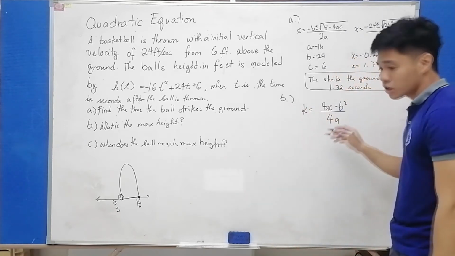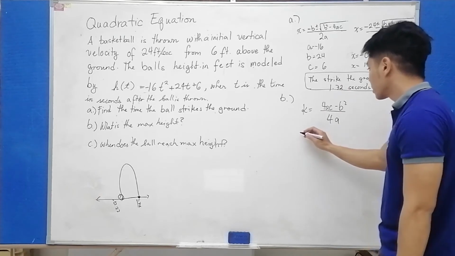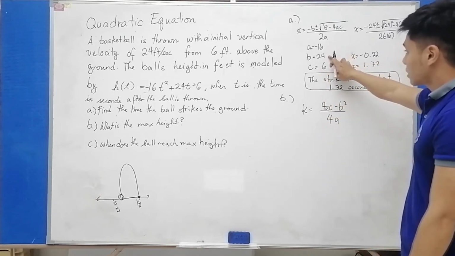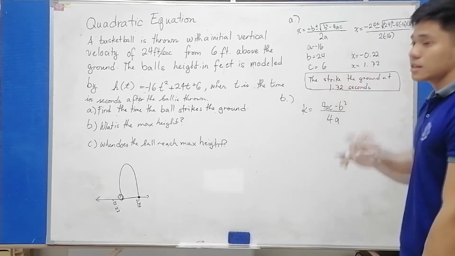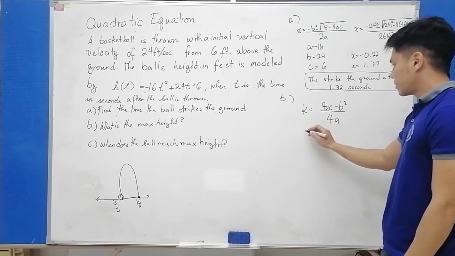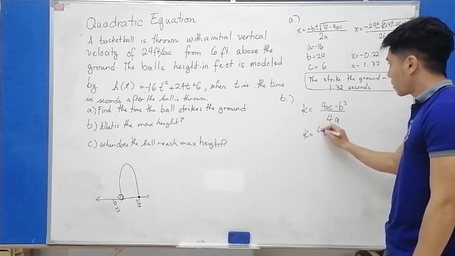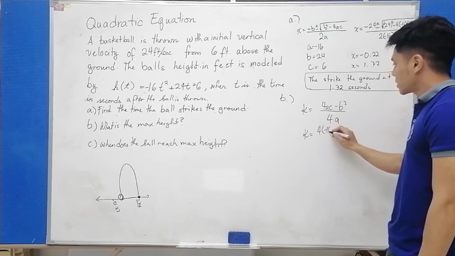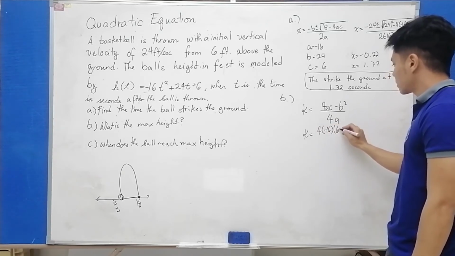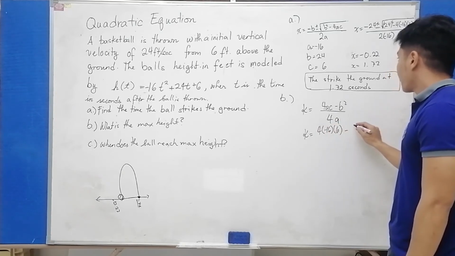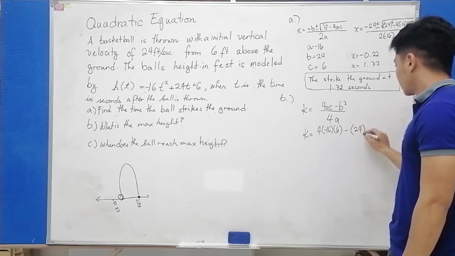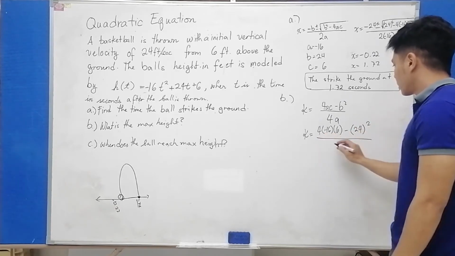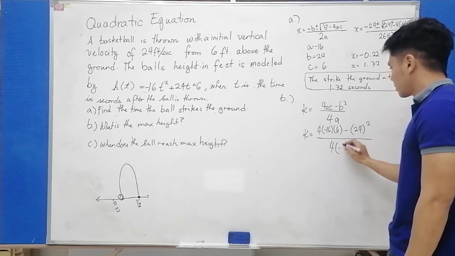Okay, so solving for it, let's substitute the values. Again, where a is negative 16, b is 24, and c is 6. So we will have k is equal to 4 times negative 16 times 6 minus 24 squared, all over 4 times negative 16.